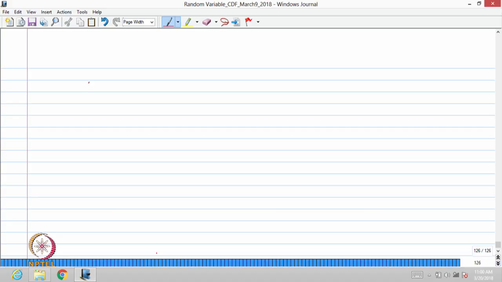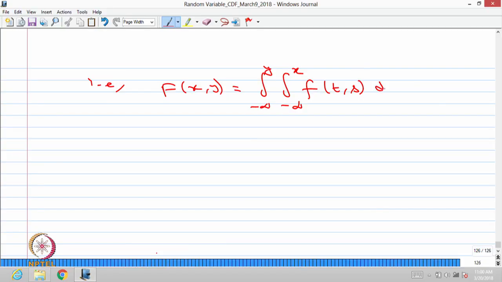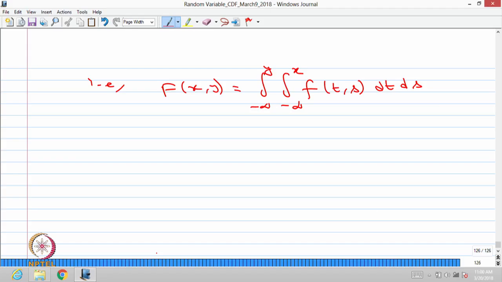That is the same as saying the CDF of a 2-dimensional continuous type random variable can be written as a double integration with respect to x and y.